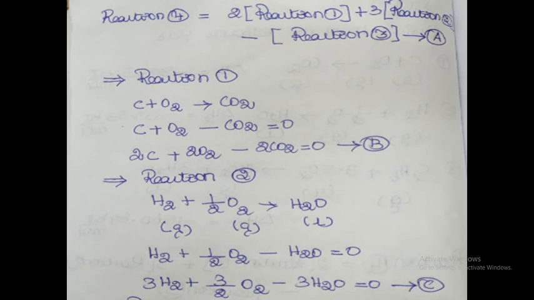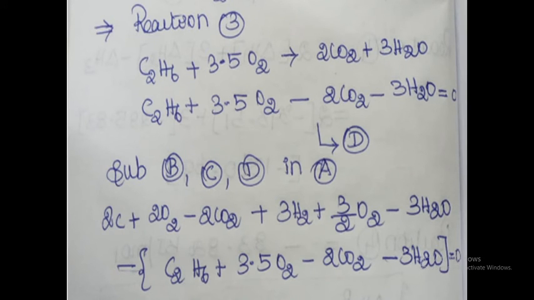This is equation C. Reaction 3, directly you should take reaction 3, C2H6 plus 3.5 O2 gives 2CO2 plus 3H2O. 2CO2 and 3H2O come to this side: C2H6 plus 3.5 O2 minus 2CO2 minus 3H2O equals 0. This is equation D. Substitute equations B, C, D in capital A.